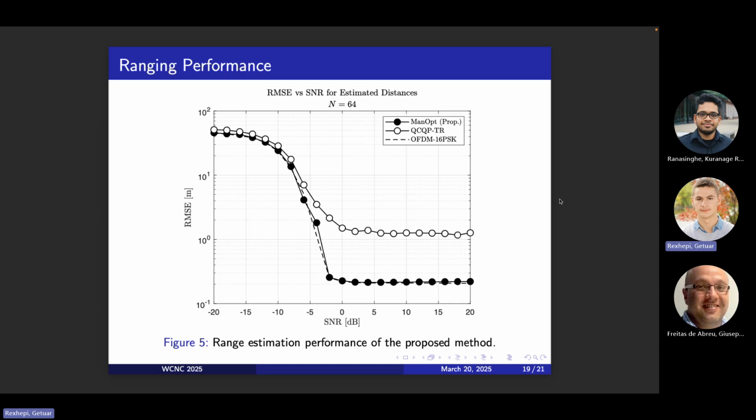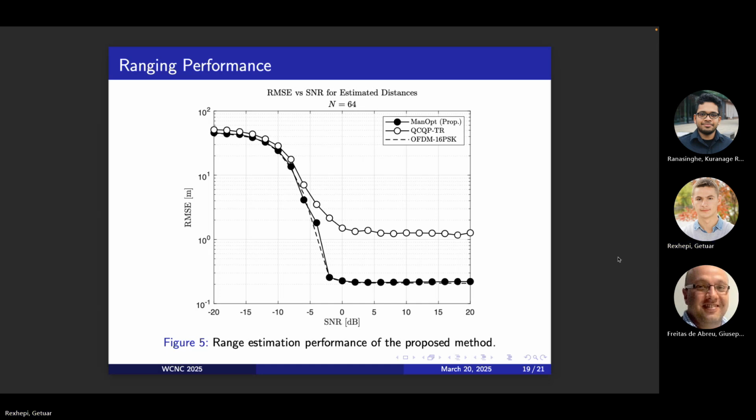And as I mentioned, it was proved that this is the best you can get from OFDM. If you would have used the optimal reserved tones, then the range estimation performance would not have been that good, and we have a huge gain in terms of RMSE, which is in meters, by the way.